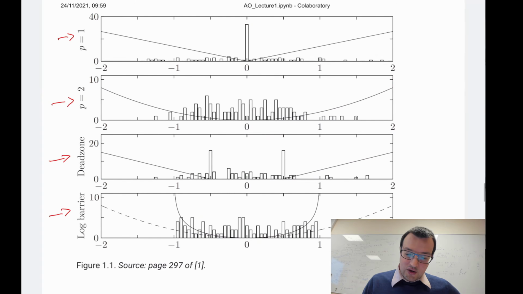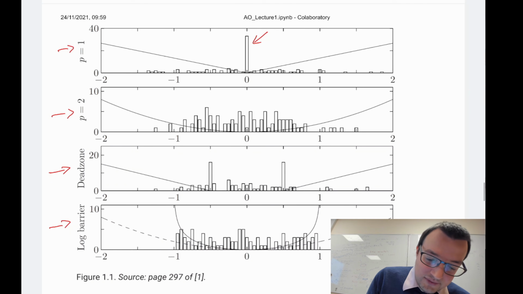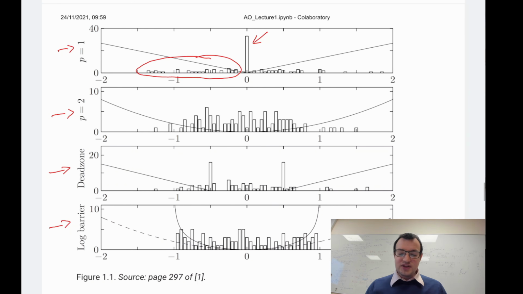And so what we're seeing here is the histogram, so essentially it's telling you how many residuals there are for each value. And we see, for instance, that for the L1 norm, we have a lot of residuals with value 0, okay? And then we have residuals that are non-zero, which are spread more or less everywhere. You also have very large residuals, for instance.